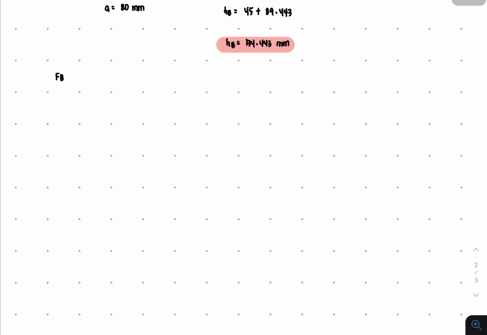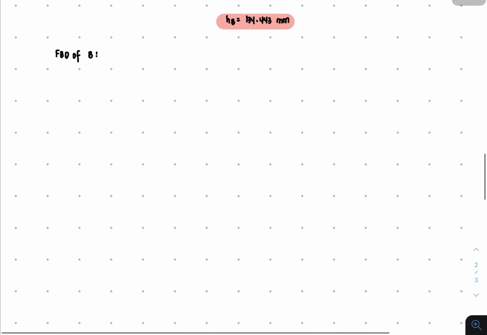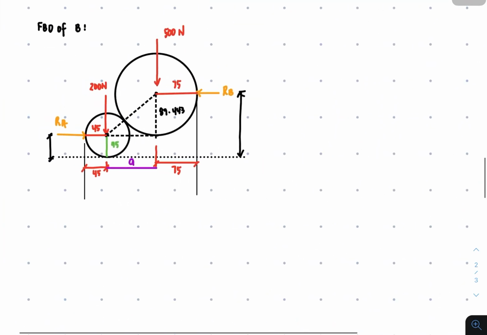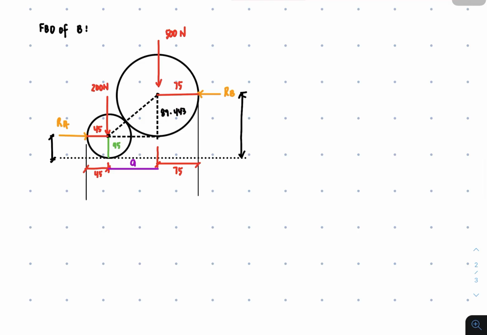So let's say free body diagram of sphere B. So let's proceed in getting the free body diagram of sphere B. Okay, since sphere B is what we need, then do not forget that let's just delete some of them. This one and this one also.